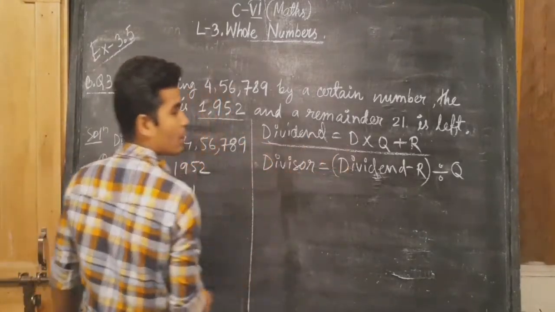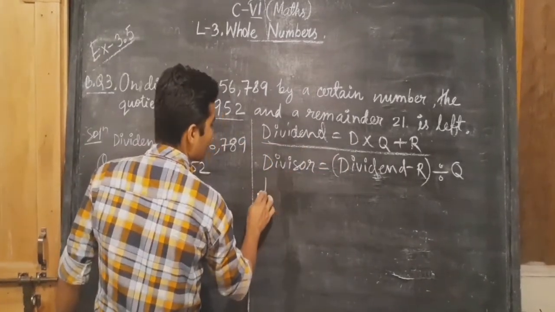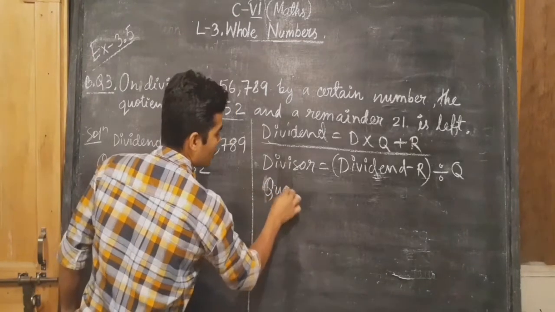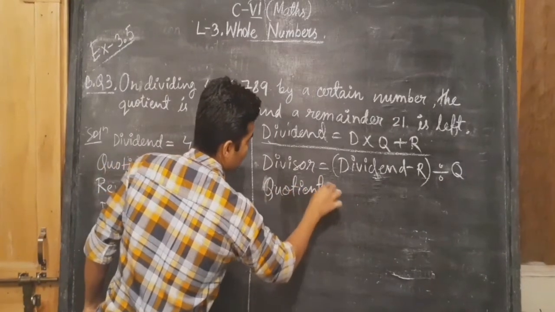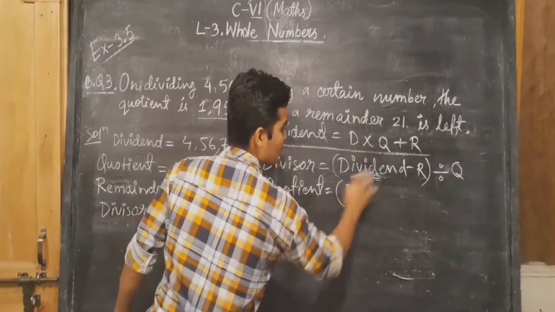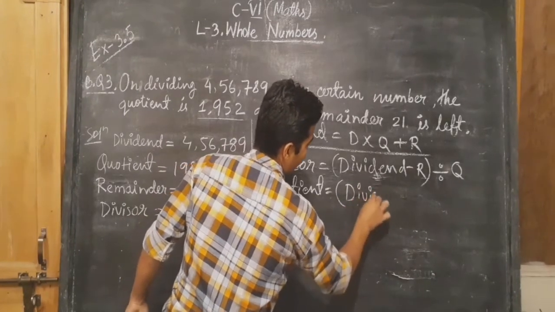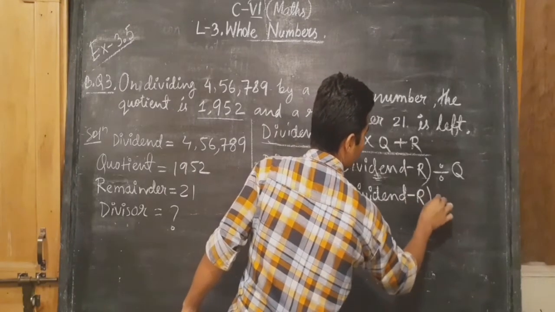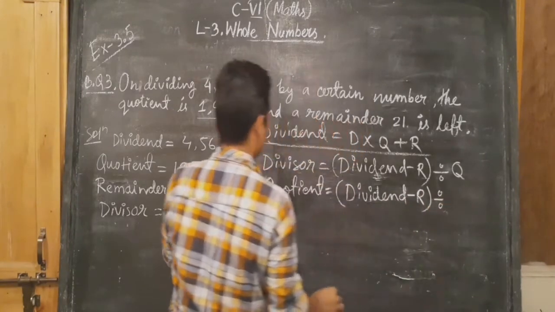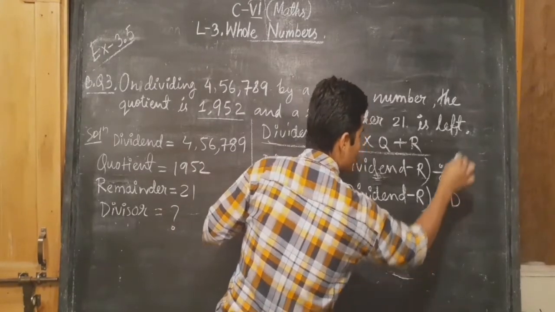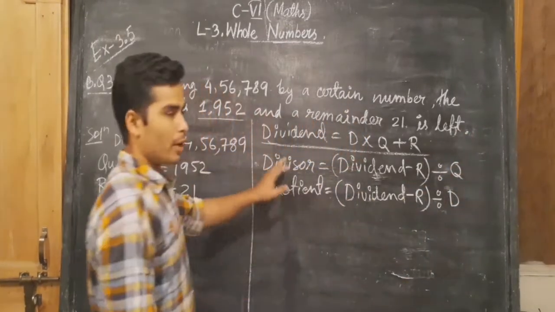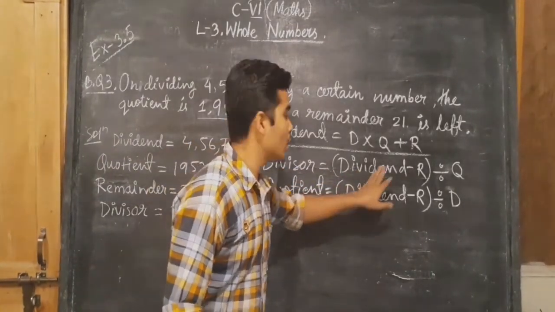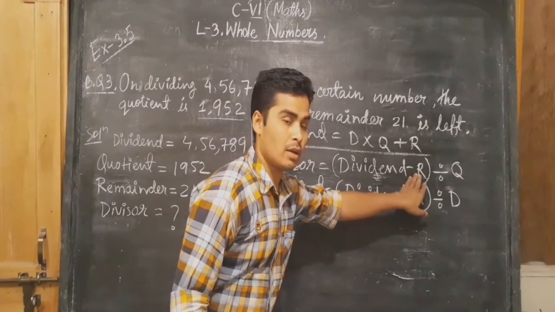From this same division algorithm, we can get one more relation, that is to finding quotient is equal to, this first step always same, dividend minus remainder divided by, now I have to write here divisor. You can see here, when I have to find divisor, I must write divisor is equal to dividend minus remainder and divided by quotient.